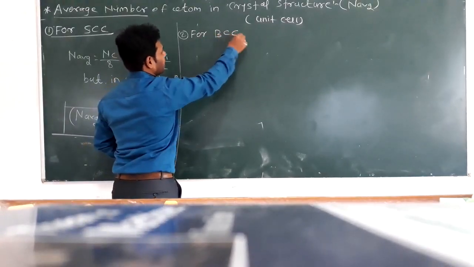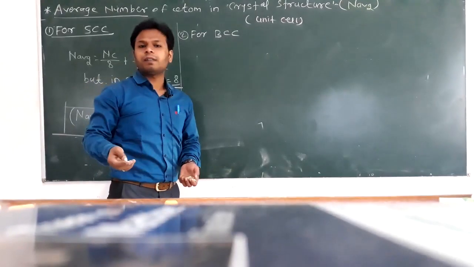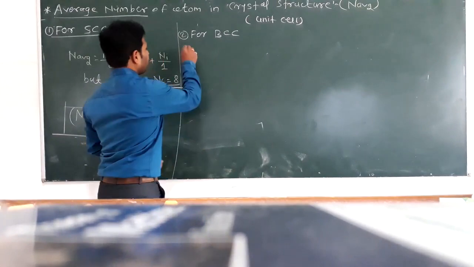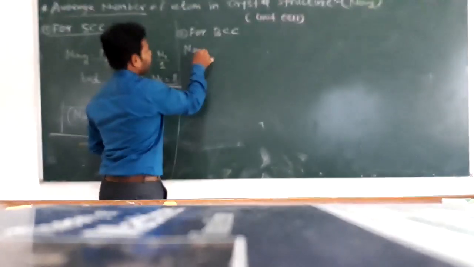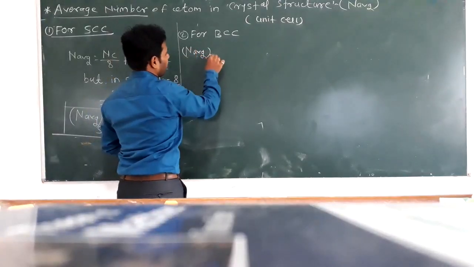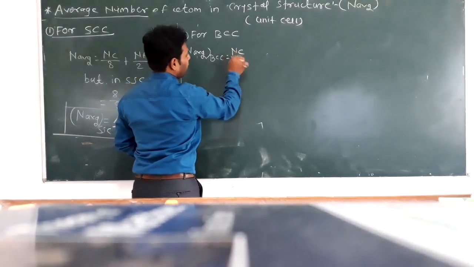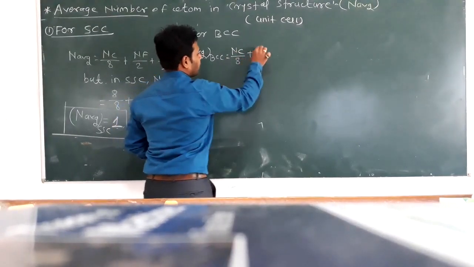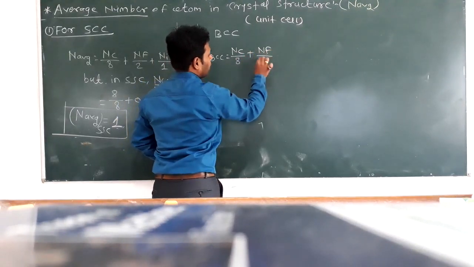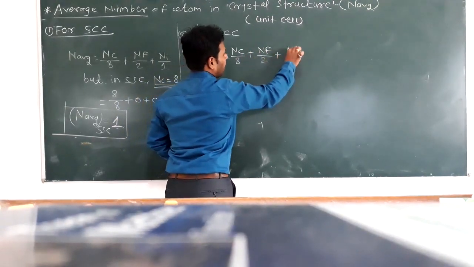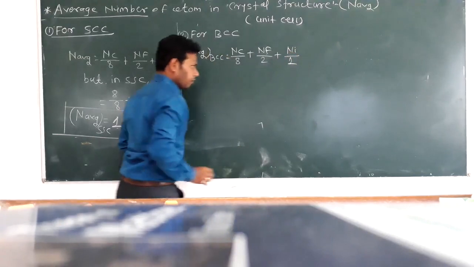Now the second part is the BCC structure, meaning body center cubic structure. Once again, the formula is N average equal to Nc upon 8 plus Nf upon 2 plus Ni upon 1.